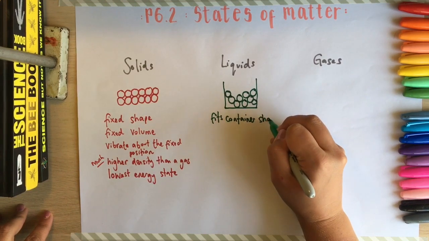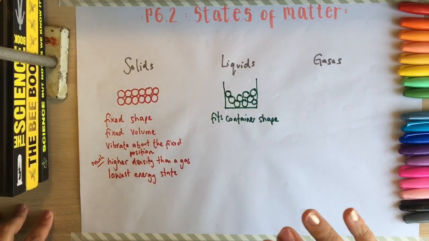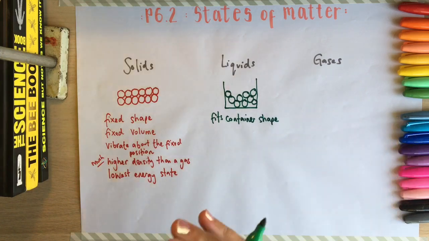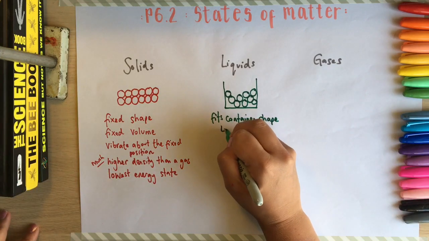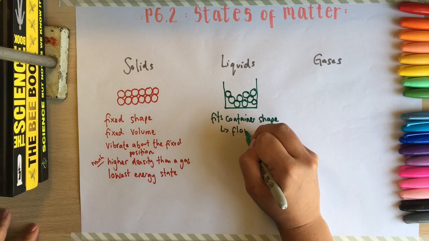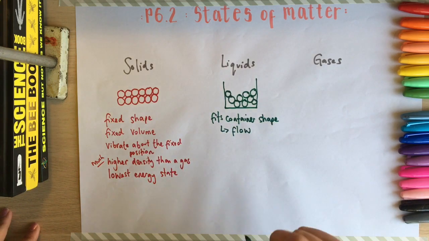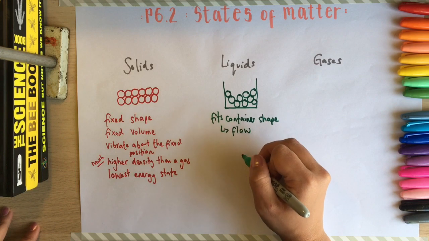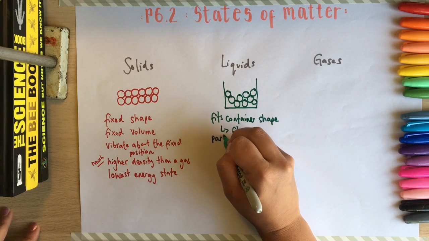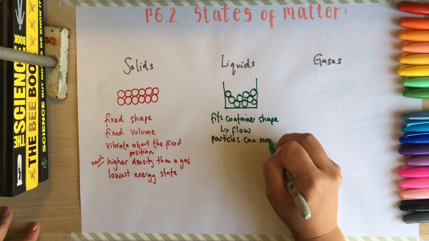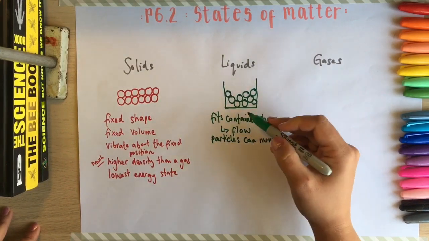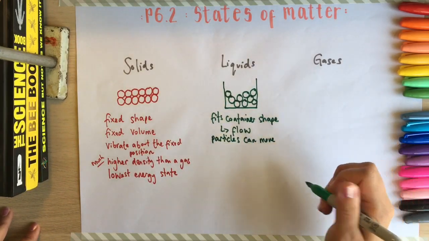And you've seen this yourself when you've poured a liquid, that it will take the shape of the container that it's in. So we would say that it can flow, and this is because the particles can move about. So they can slide over each other to take up a new position.